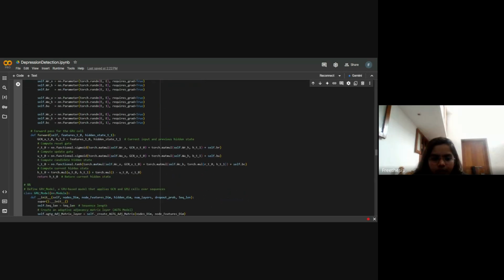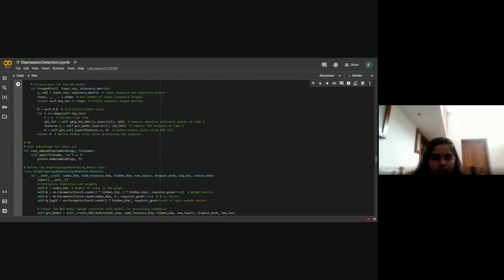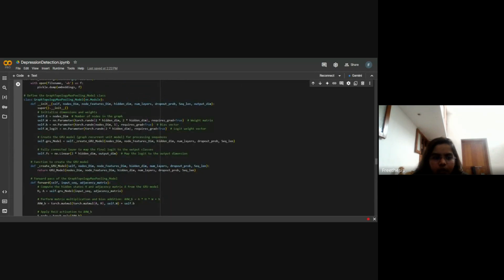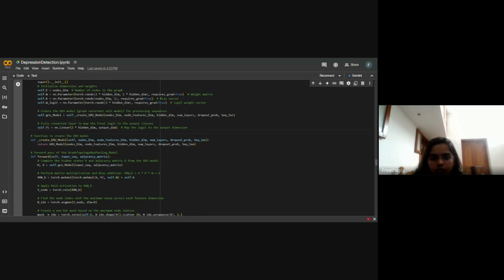After that, we have the GTMP model, where we find the highest node importance scores and eliminate the other nodes that are of low importance, which will accelerate the performance of the model and classify the type of disease in an efficient way.